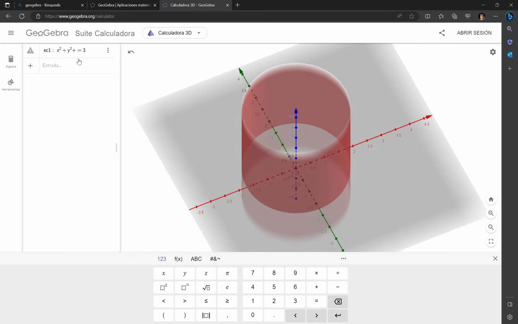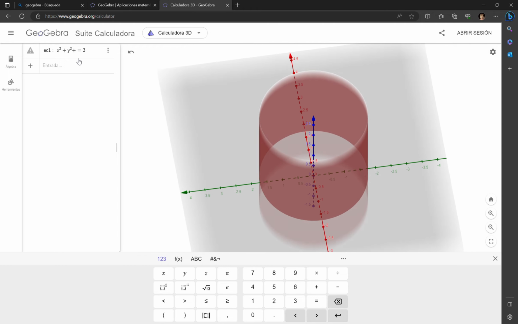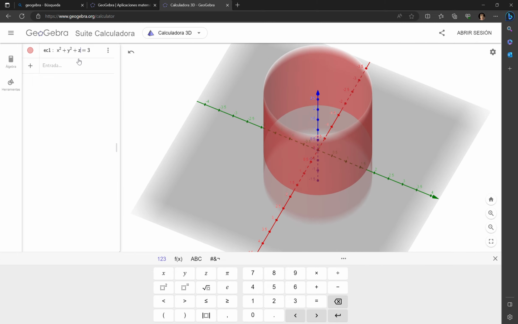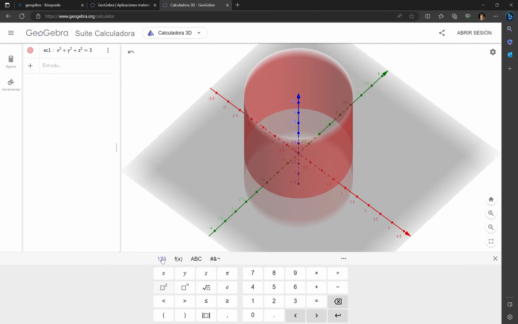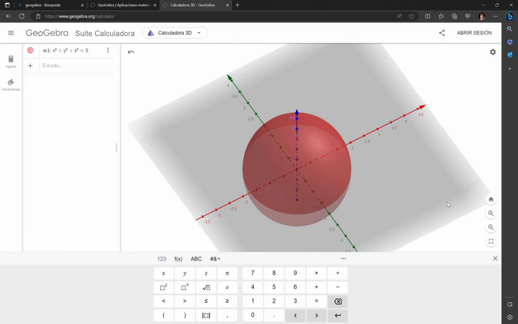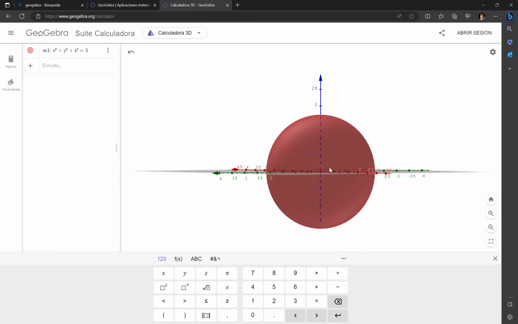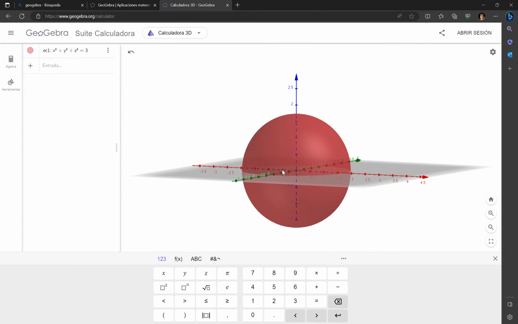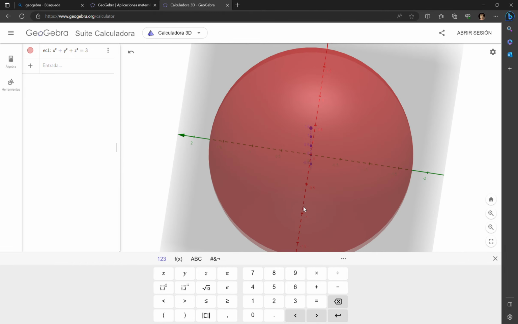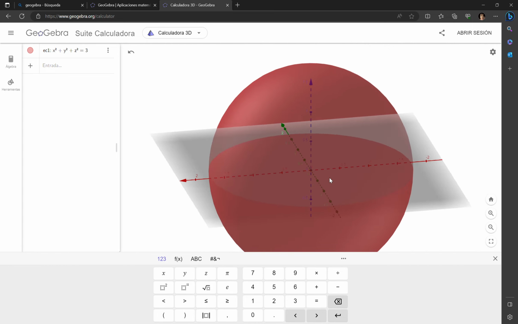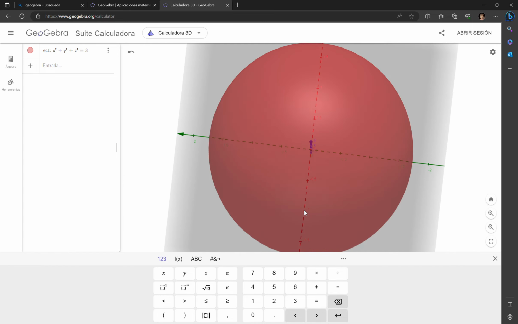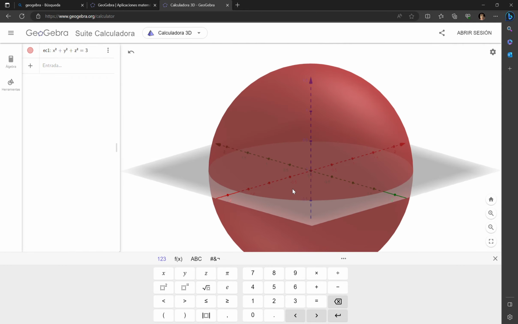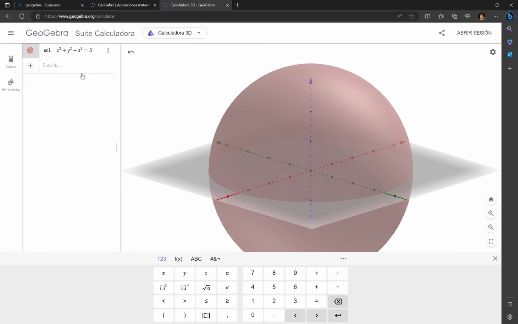For example, we add, I don't know, z squared equal 3. For z squared equal 3, we have a sphere. You can look, this is the sphere. This is the difference.